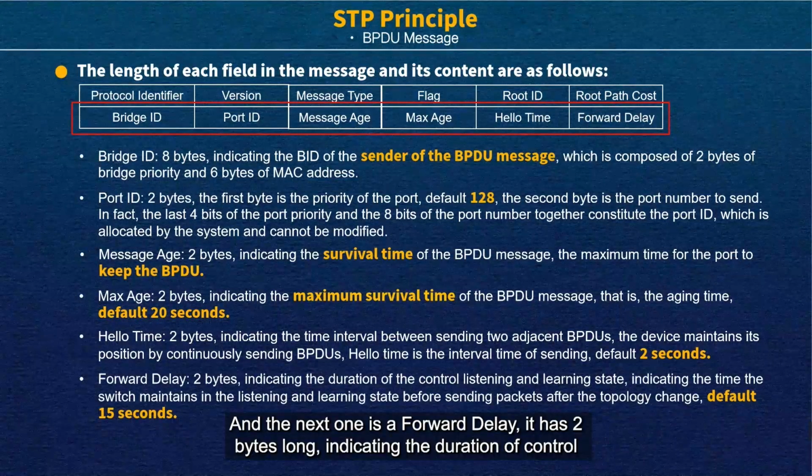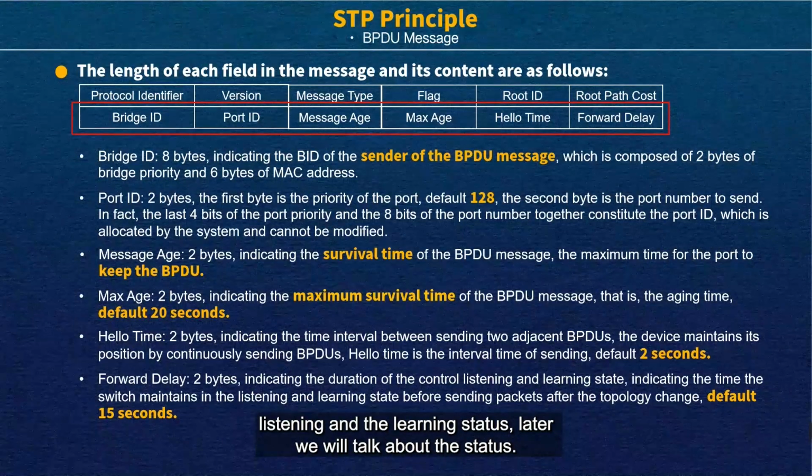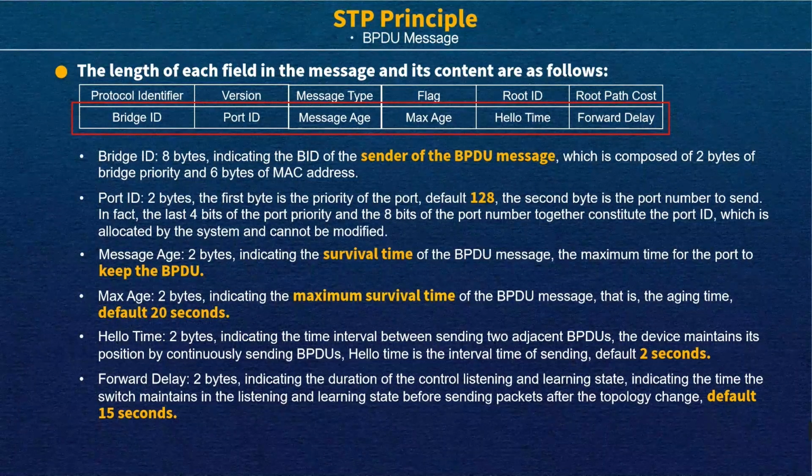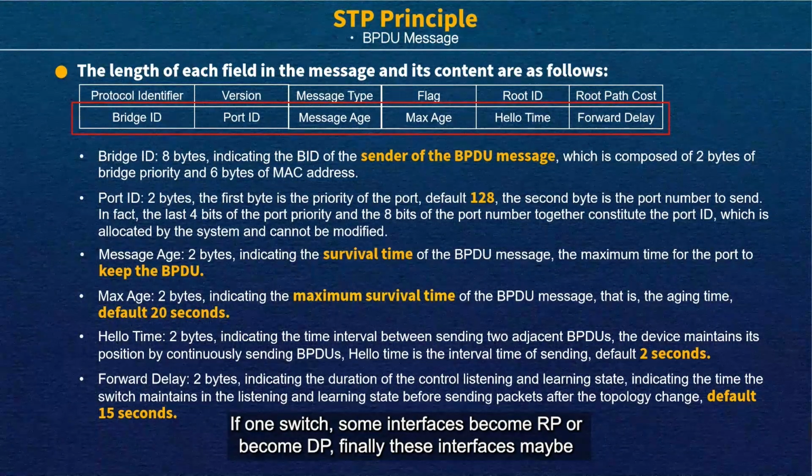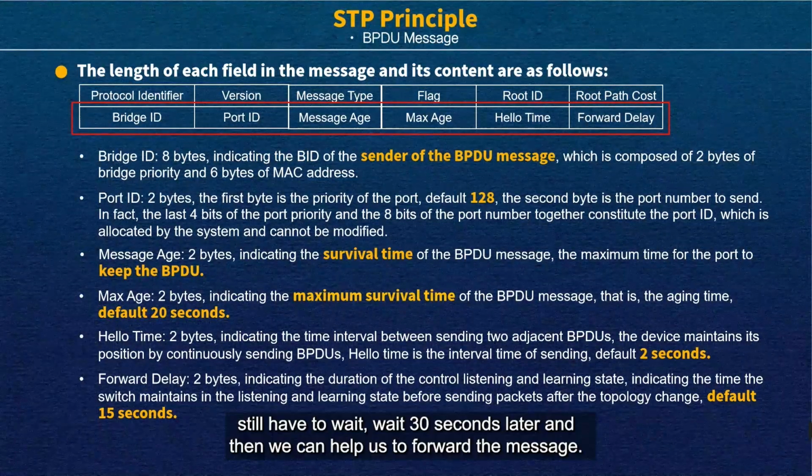And the next one is the forward delay. It is 2 bytes long and indicates the duration of the listening and learning states. Later we will talk about the states. If a switch makes an interface become RP or DP, this interface may still have to wait 30 seconds before it can forward messages.